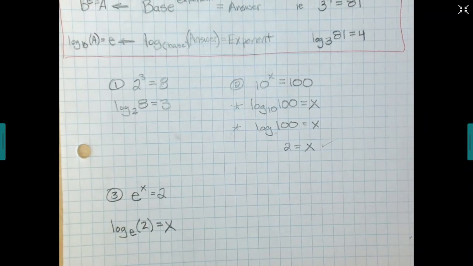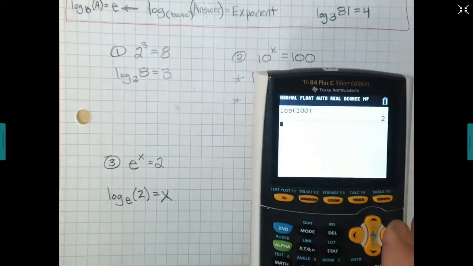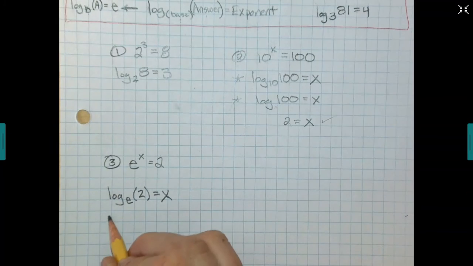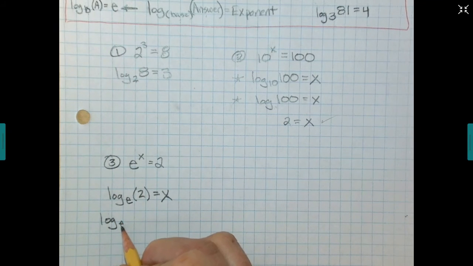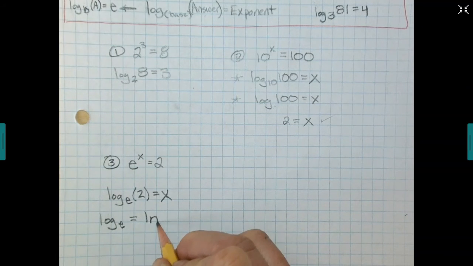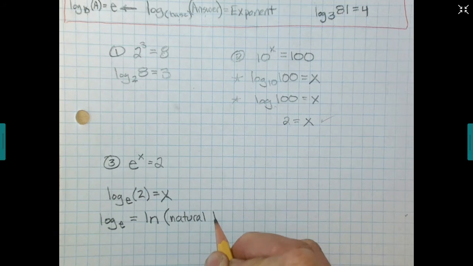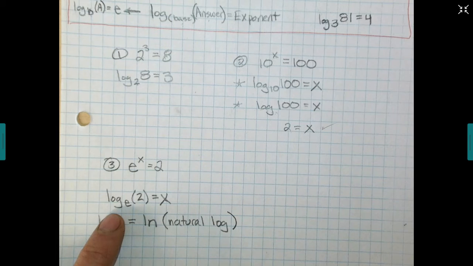Well, here's a neat thing. This log e, if I go log e in my calculator, log base e, it's just ln, or natural log. So log e is just natural log.